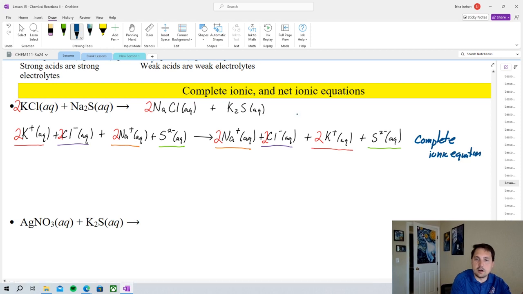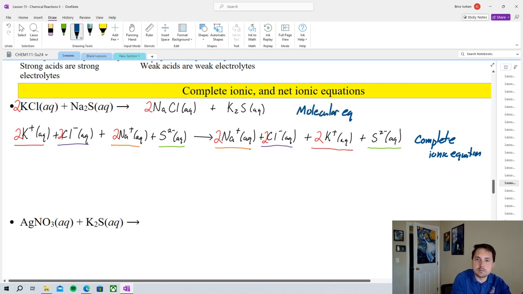And then this is just our molecular equation. So we're not breaking it up into the ions. And then in this example, because there's no solid product or insoluble product, we're not going to be able to write a net ionic equation.